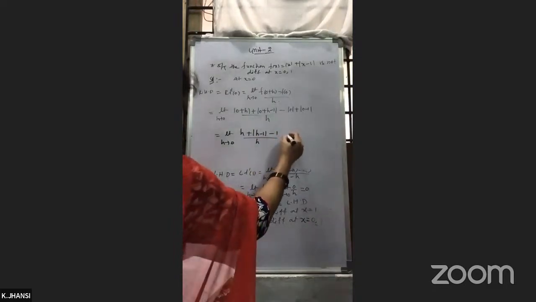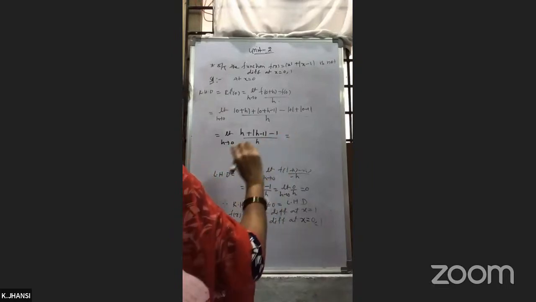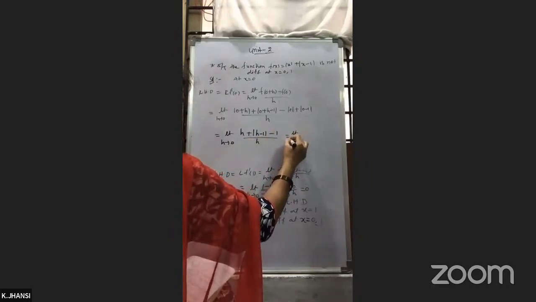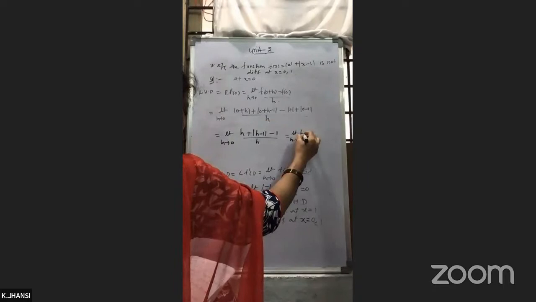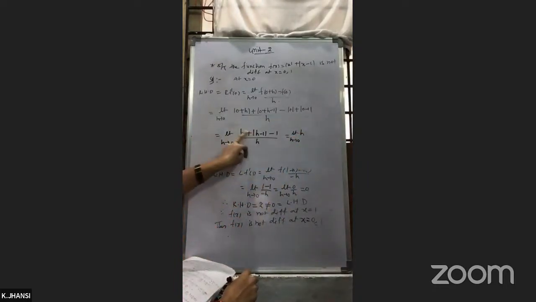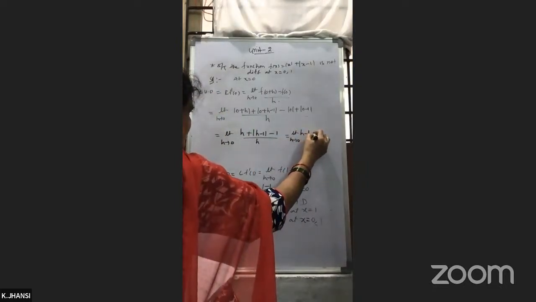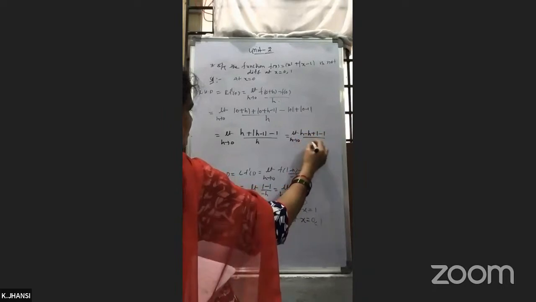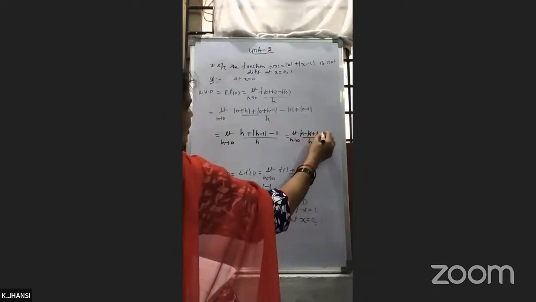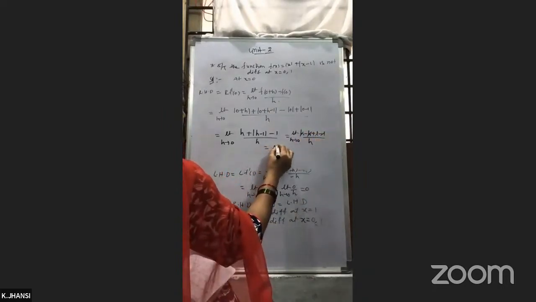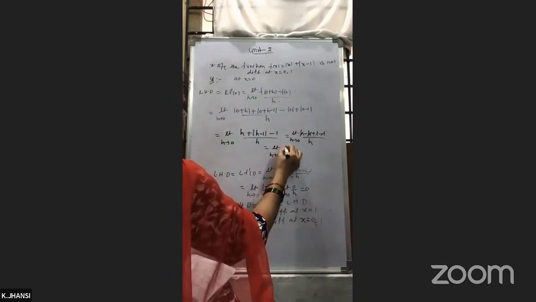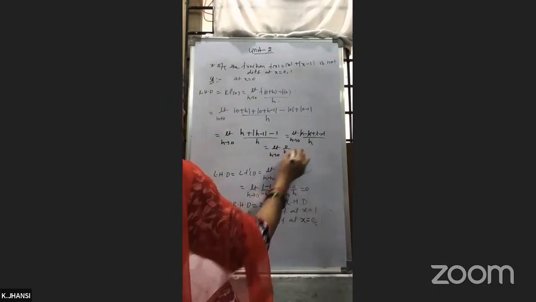So this you'll get as limit h tends to 0. This h is h, since x is greater than 0 means this is positive, but this you will get as negative 1, that is h plus 1 minus 1 by h. So all will get cancelled. You will get limit h tends to 0, 0 by h equals 0.